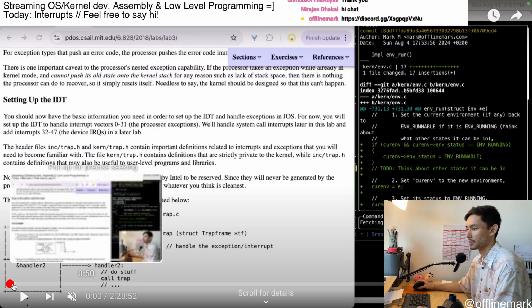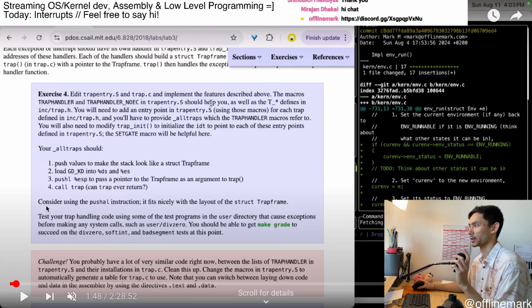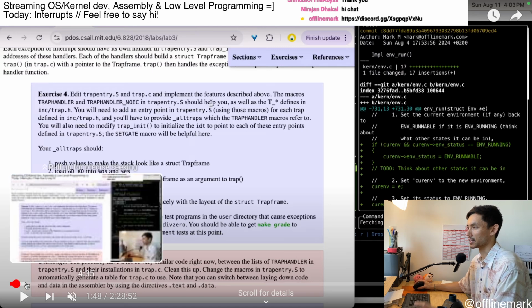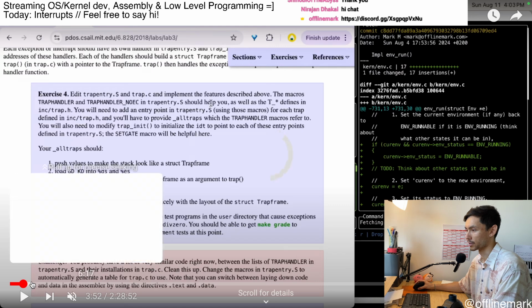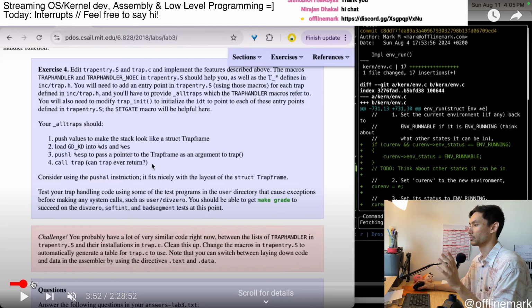So basically, I'm working on exercise 4 from lab 3 from the MIT operating systems course from 2018. I spend a good amount of time at the start just orienting myself with the assignment and the problem.